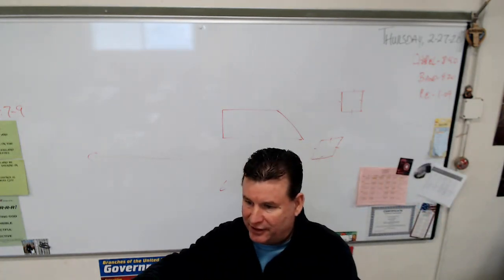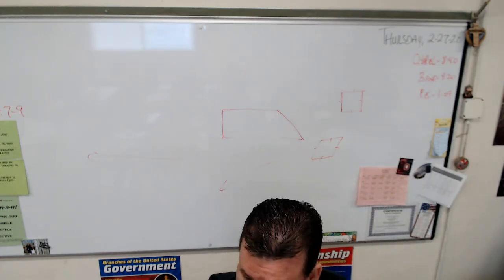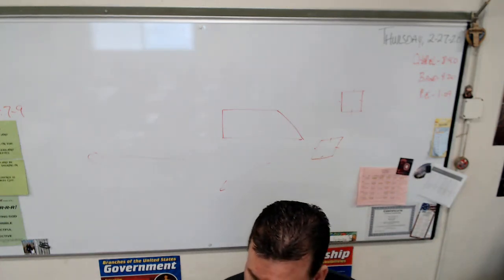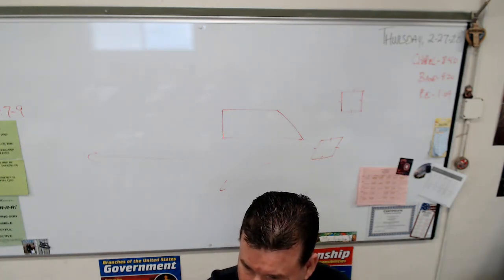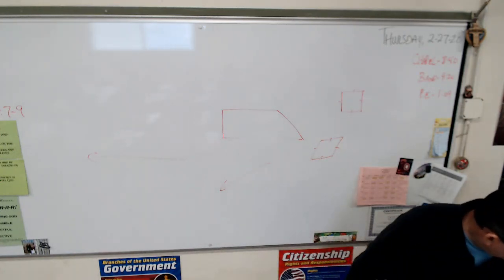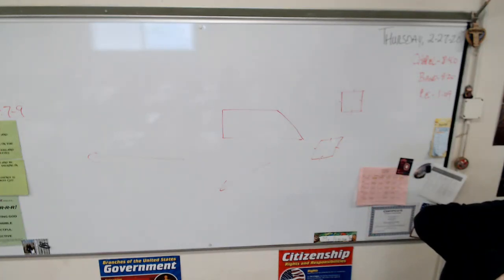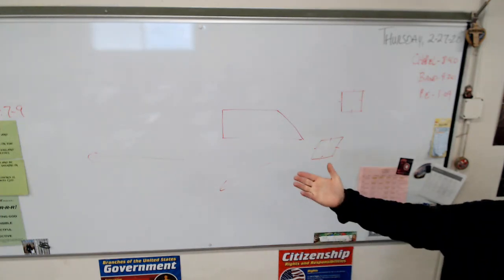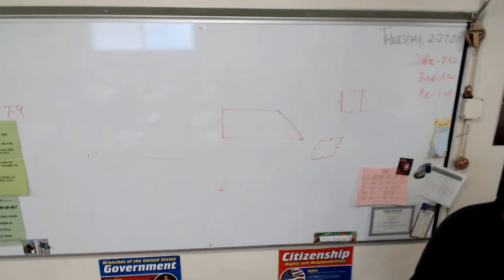Why does that angle have to be 72? It's right across from x. Two intersecting lines form what kind of angles? Vertical. So now you know you have 110, 72, 105. Add those all up. Find out what's next.